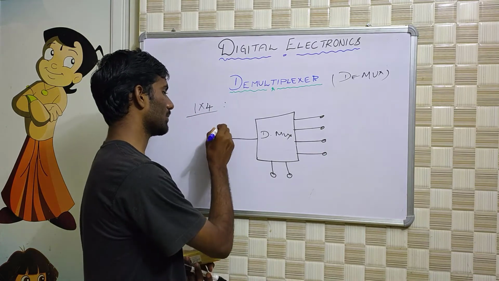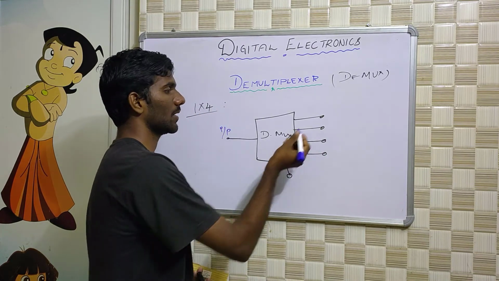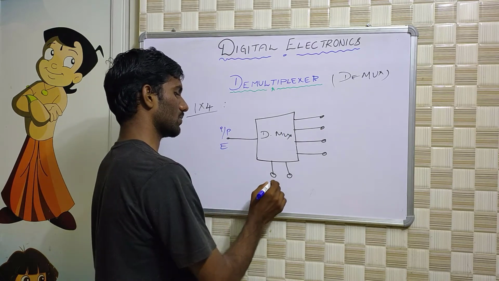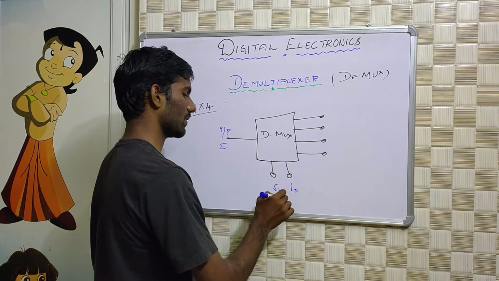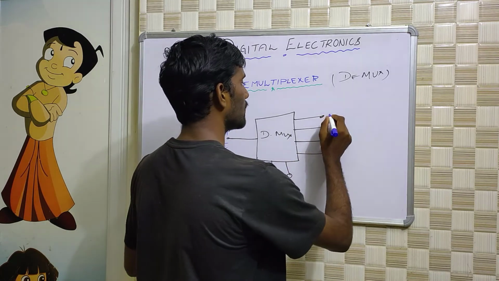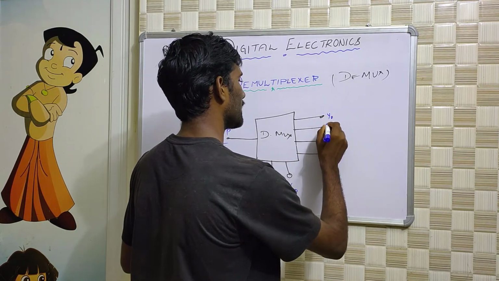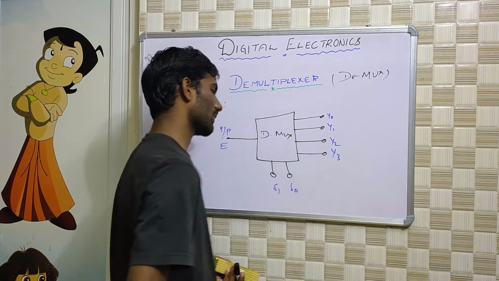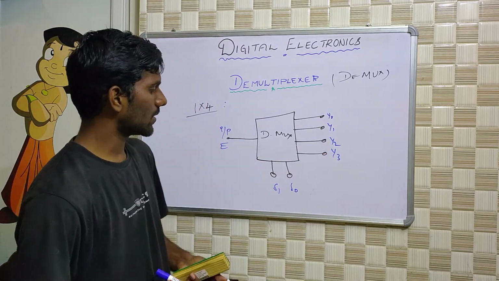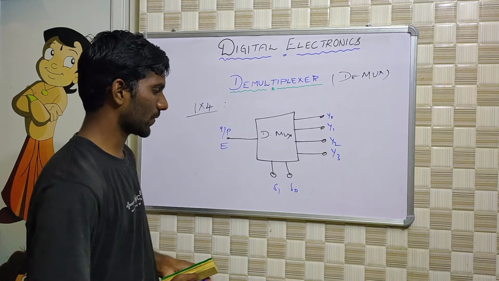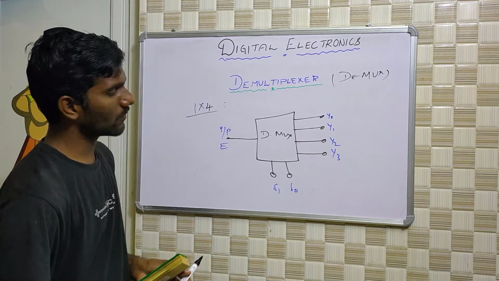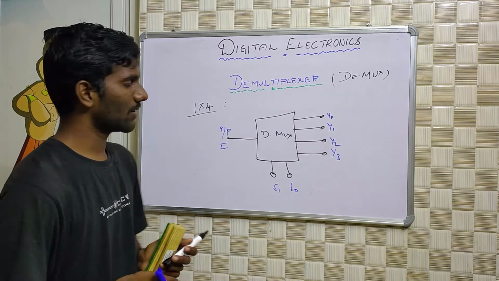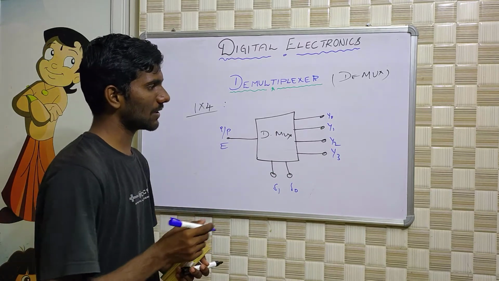Let the input be E. The 2 selector lines are S0, S1, and the 4 output lines are Y0, Y1, Y2, Y3. We'll see the truth table of this 1 by 4 demultiplexer, right?